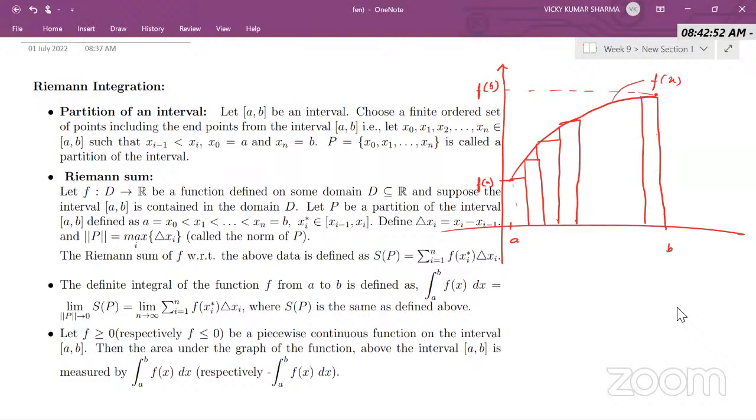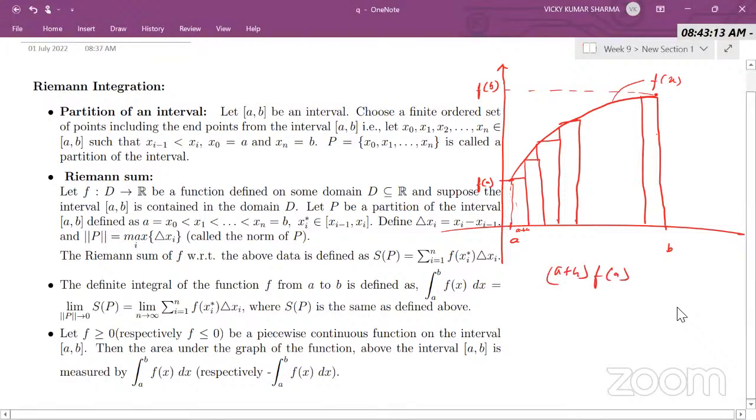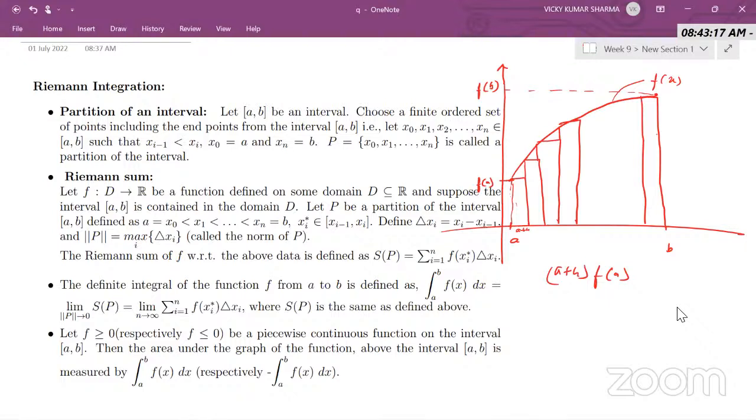Let's say this is a, and this is a plus h. So this is a plus h, and this is going to be f of a. So how do you get this area? h into f of a, because this is the height and this is the breadth, right? So height into breadth gives us the area of a rectangle.